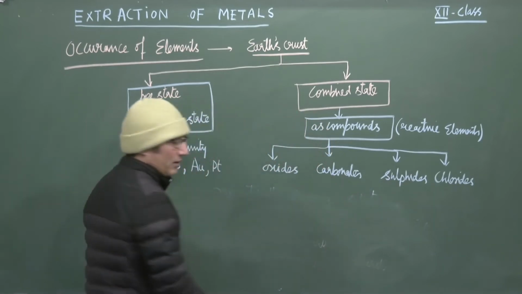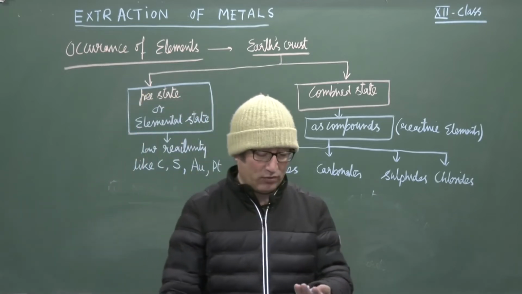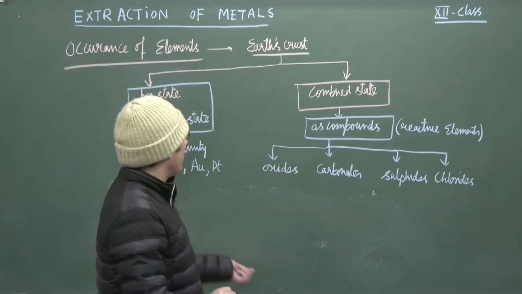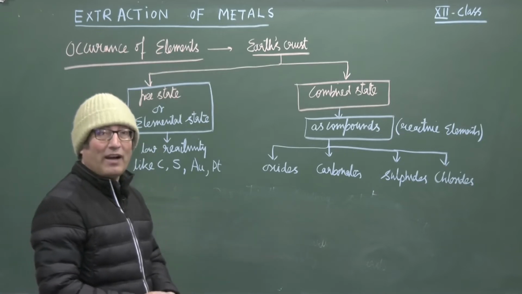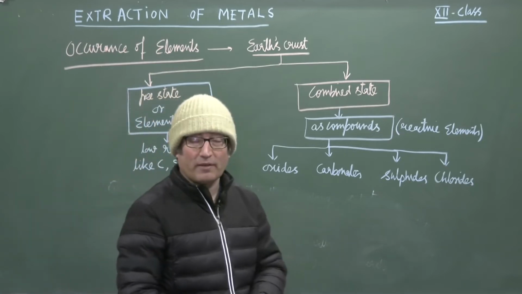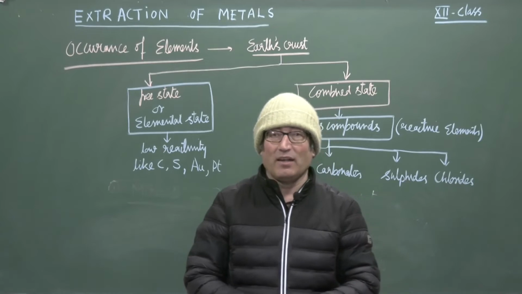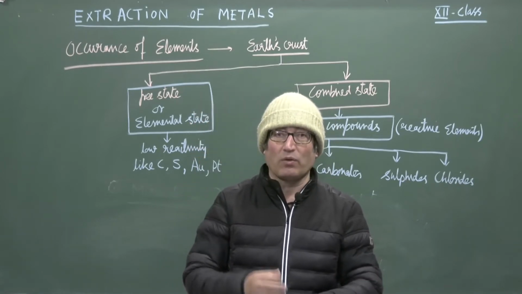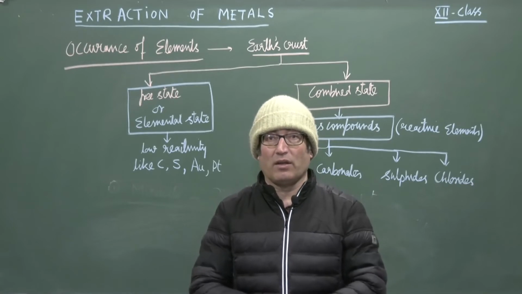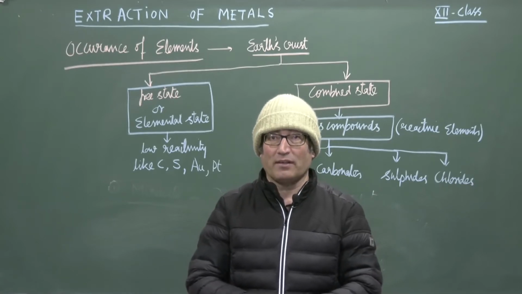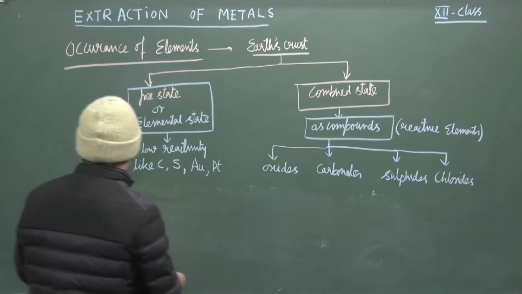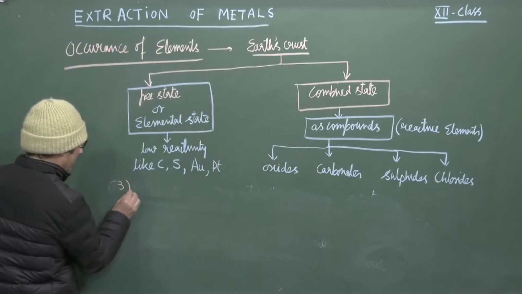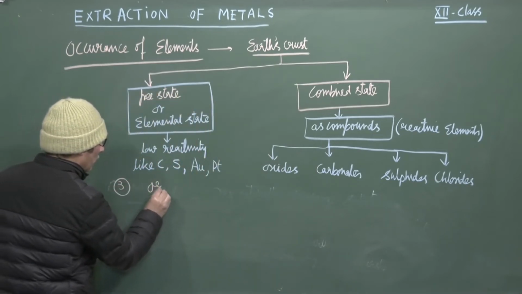These are some terms that you must be very clear in your mind. Then only we'll take up the major topic, which is how do you extract iron, copper, silver, zinc, metal like gold, how they are extracted on commercial scale, the large scale. The third point here are the ores.